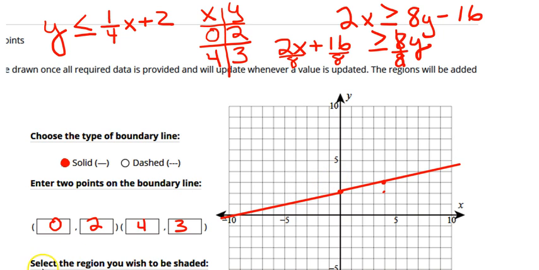And then they ask you here, and I've cut it off a little bit, which region do you wish to shade? And they're going to have it A up here, or I should say B up here, and A down here.